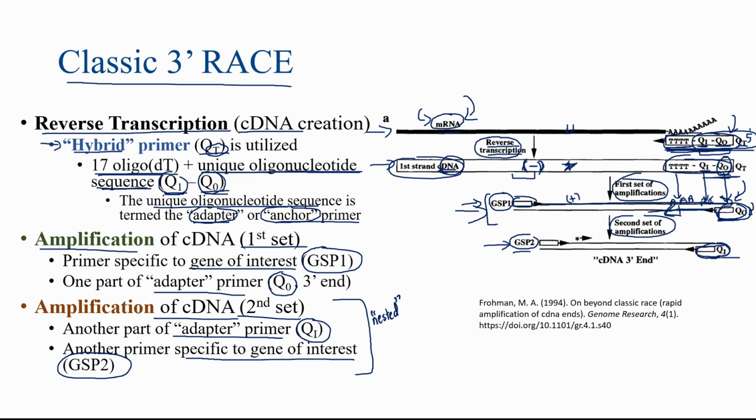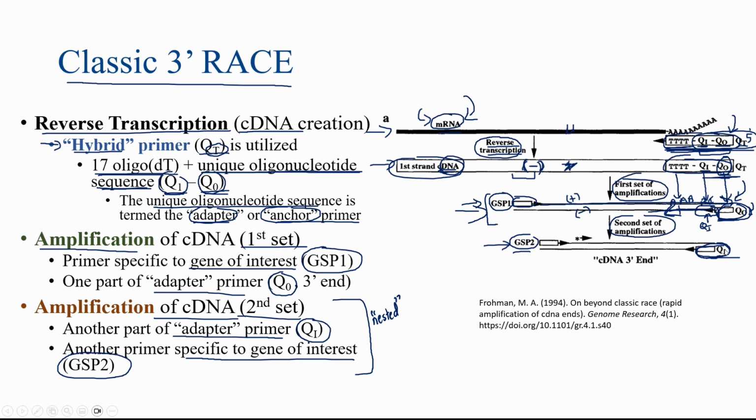It's important to recognize that the Q internal part cannot possibly anneal to this strand, i.e. the negative cDNA that we have here, because in this section right here, you have another Q internal, and a Q internal sequence is not going to complementary bind to an exact identical sequence to itself.